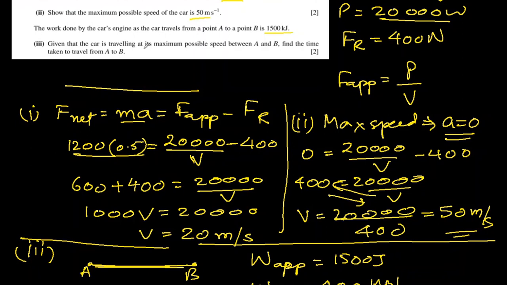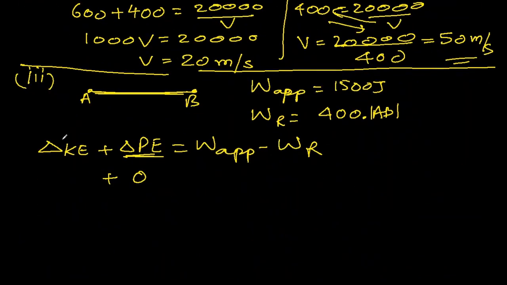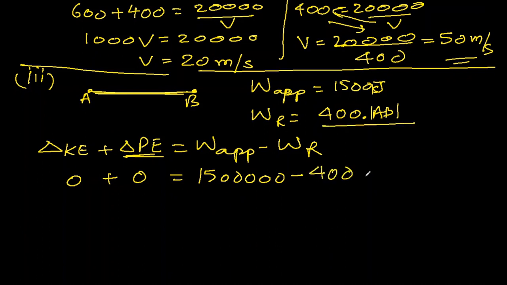Given that the car is traveling at its maximum possible speed between A and B, there is no change in velocity. That means there is no change in kinetic energy also. Zero. Work done by applied force is 1500 kilojoules, not joules, so 1,500,000, minus work done by the resistance, which is 400 times AB, let's represent this by X.